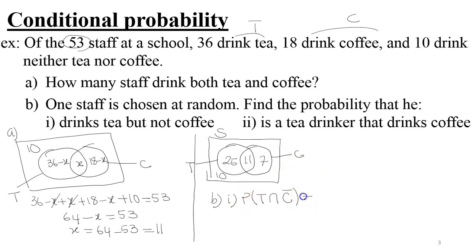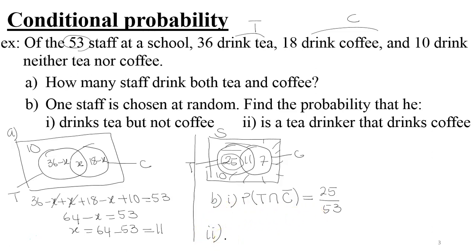If we refer to the Venn diagram, T inter C bar is everything outside of C intersecting T, which is in fact 25. So this is 25 out of the total population, which is 53. So the probability of T inter C bar here is 25 out of 53.